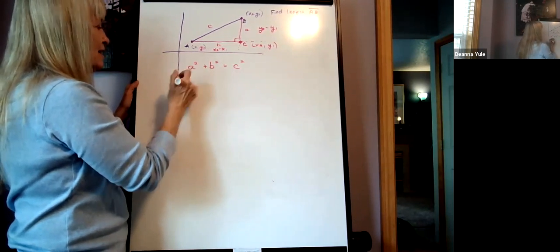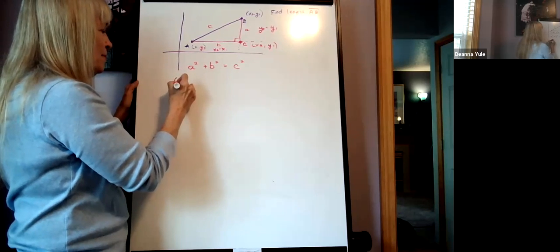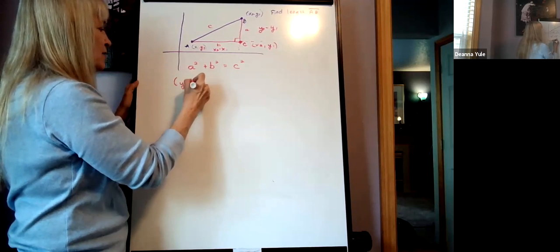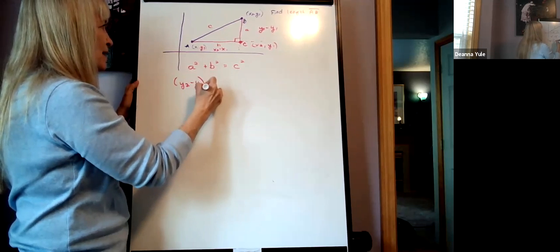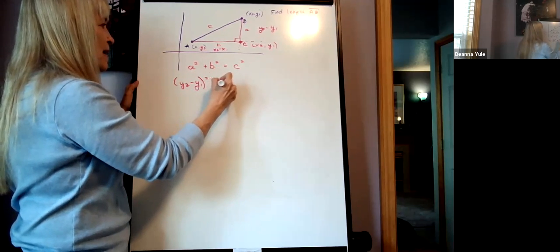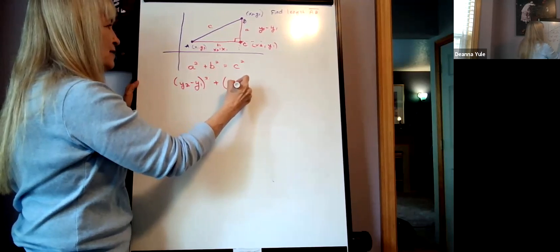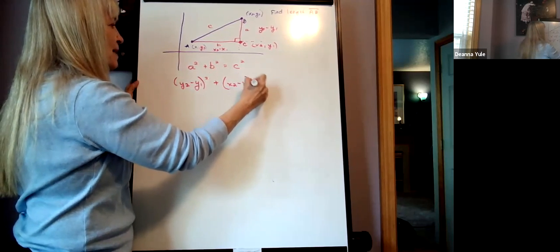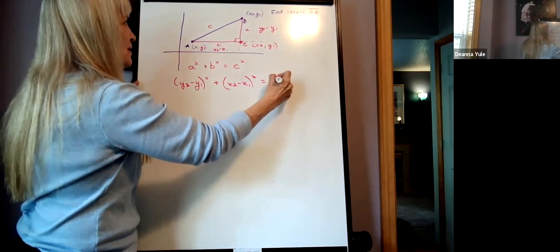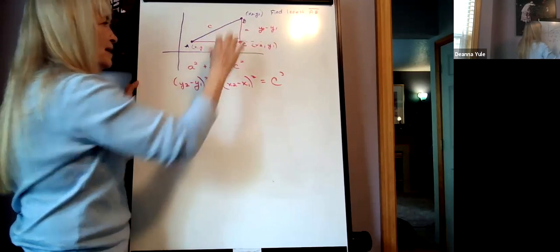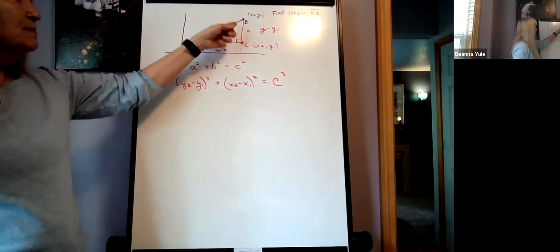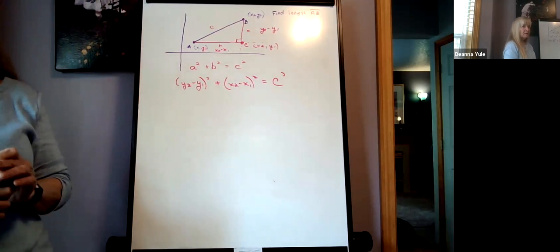So if I look at this, I'm going to say that y2 minus y1 squared plus x2 minus x1 squared is going to equal c squared. Remember, I want the distance between these two, so I don't want the square.